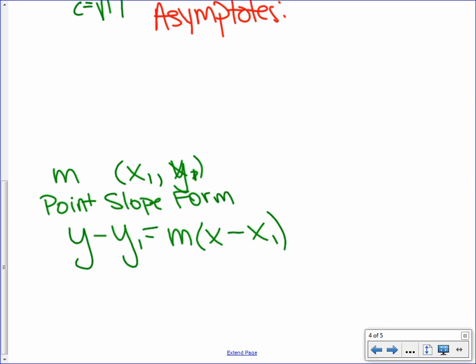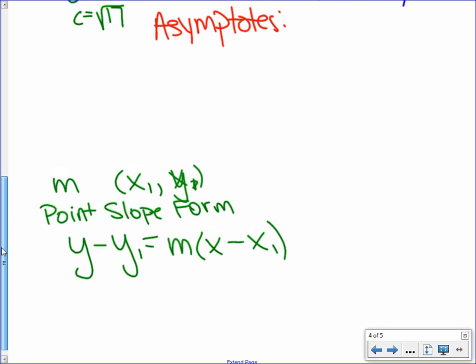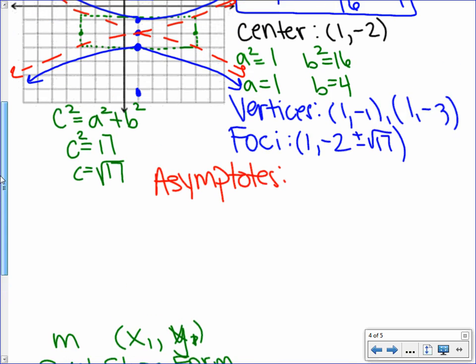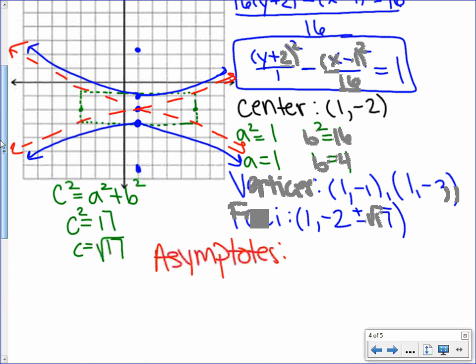So what point do your asymptotes go through? They are always going to go through the center. Your center is going to be the point.